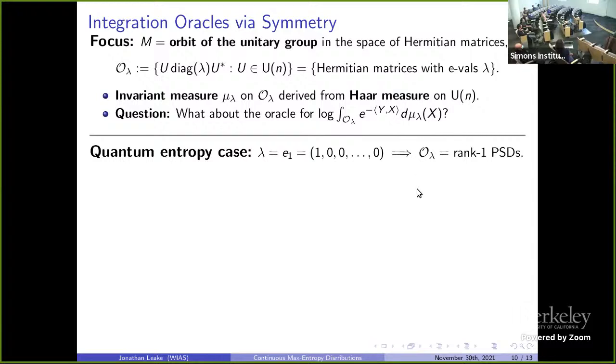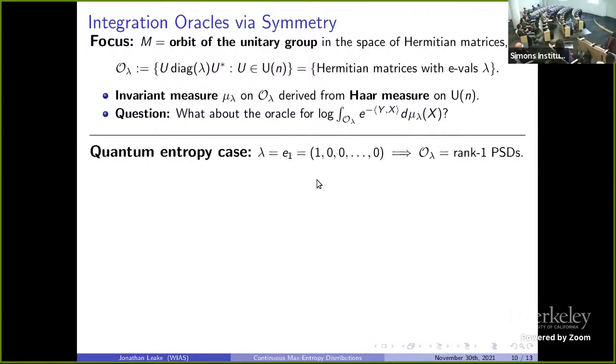You have a question? Is this just a polytope generated by the permutations of the vector lambda? Well, this is not a polytope, but if you restrict to the diagonal of all of these elements, then you will get a polytope, which is exactly what you said.